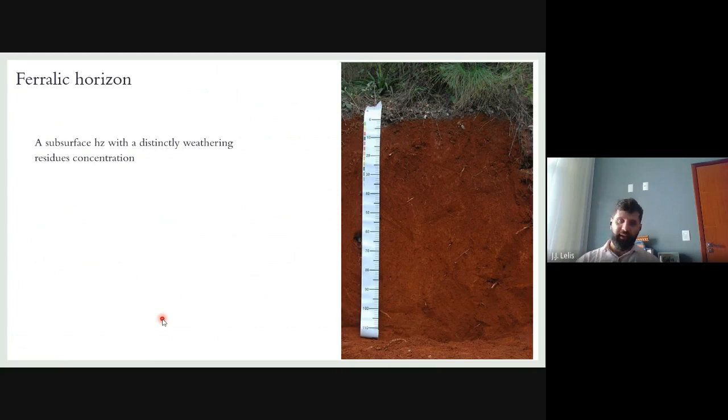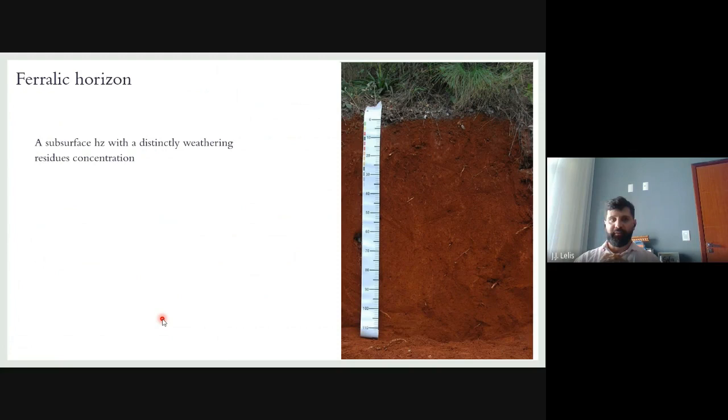So the ferralic horizon presents a higher content of kaolinite, halloysite, gibbsite, hematite, goethite, materials that were produced by an intense and deep weathering.